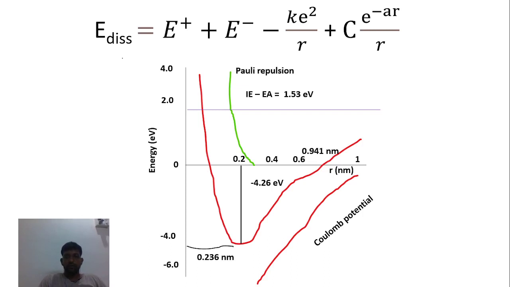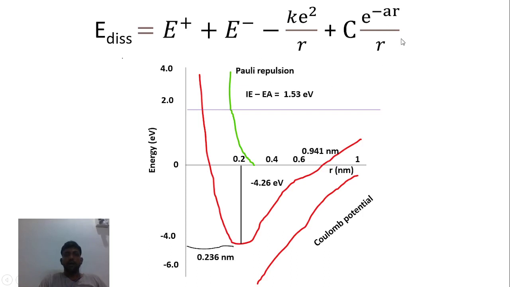If we want to model it, the Coulomb potential will follow this trend. We have already discussed the electrostatic attraction between two ions, which, like in LJ, is always negative, so it's an attractive term, and these other terms are repulsive.